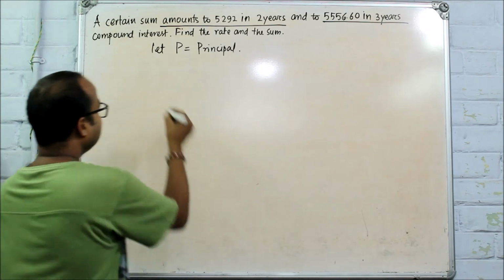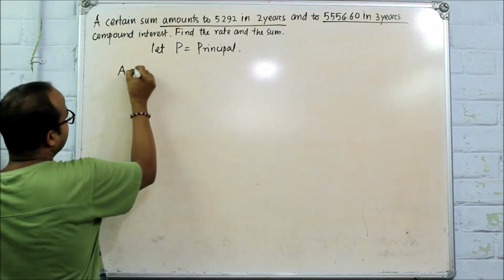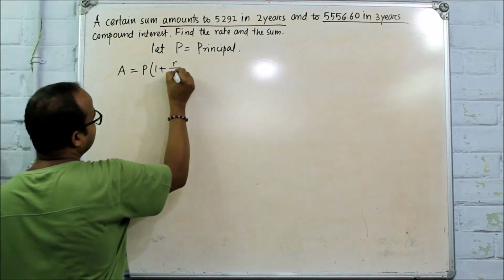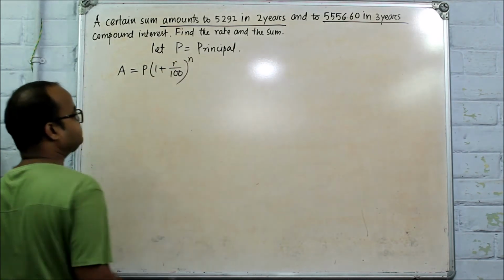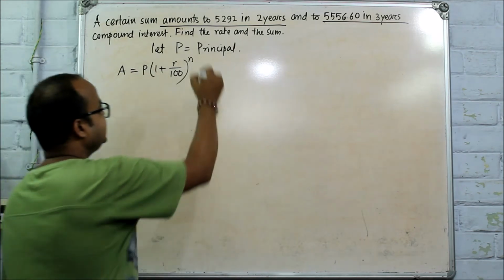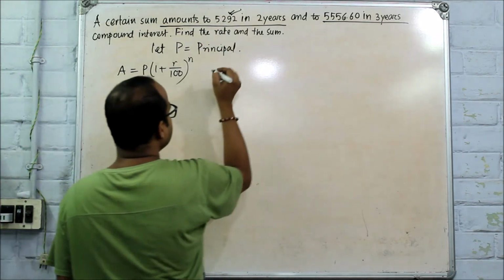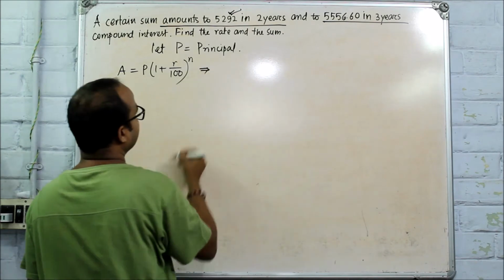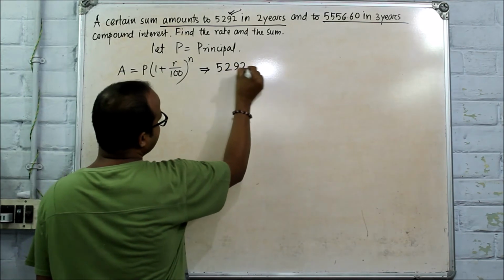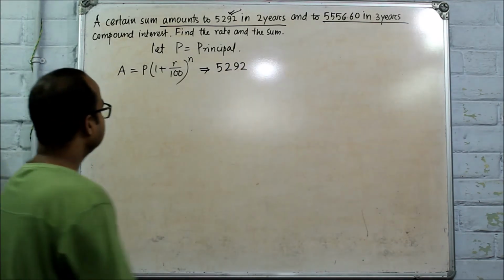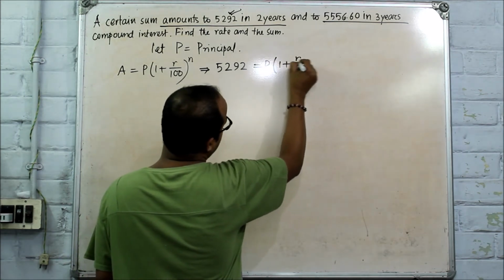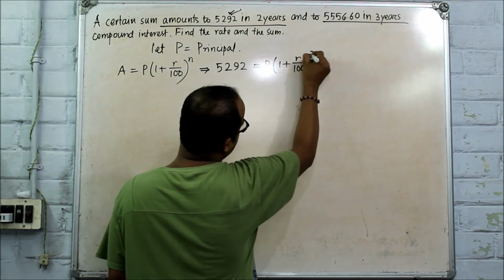5556.60. Now, we know the formula A is equal to P into 1 plus R by 100 to the power n. Now, for the first case, if you are going to apply the formula, then in place of amount we substitute 5292 is equal to P into 1 plus R by 100 whole square.